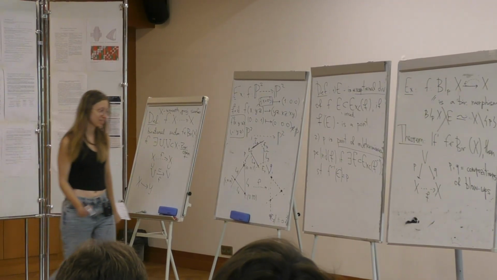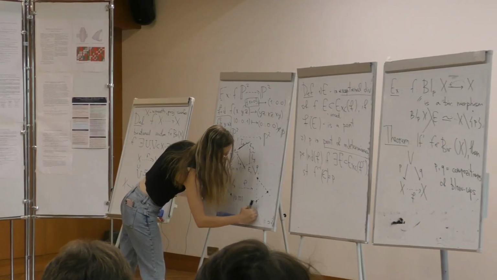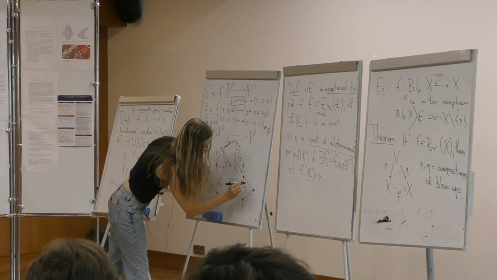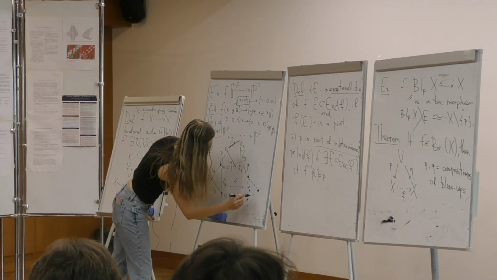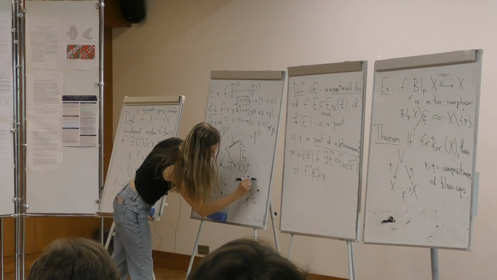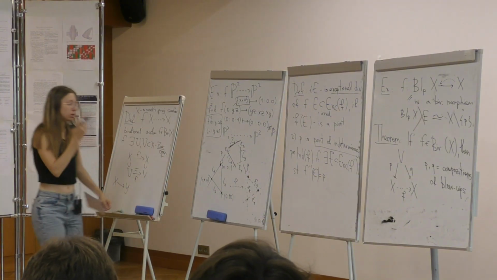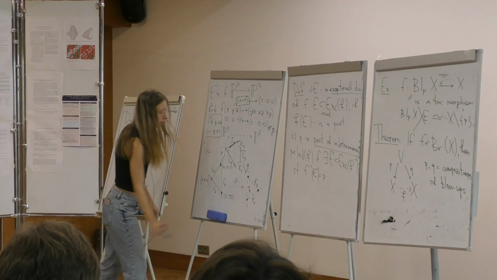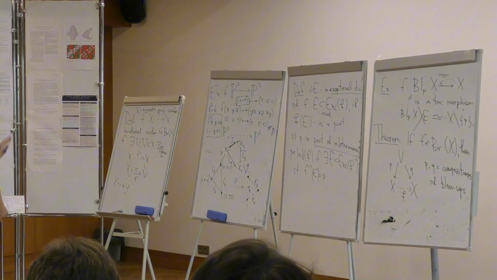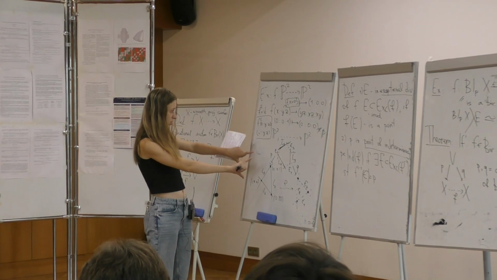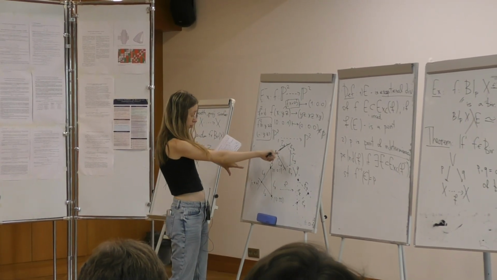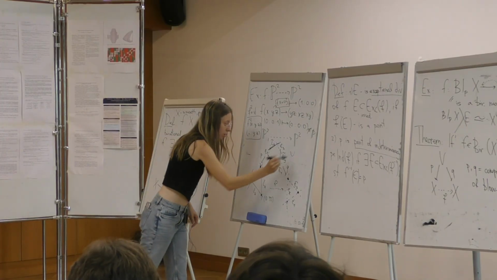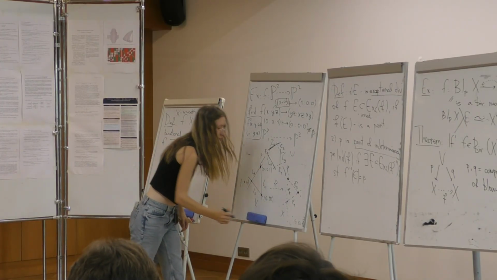This is E1, probably it is E2, E1, E3. Okay, so you can do it yourself and just observe. Here we have a composition of blow-ups. Here we also have a composition of blow-ups. This is V, this is X, this is X.